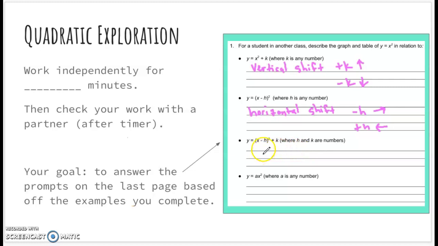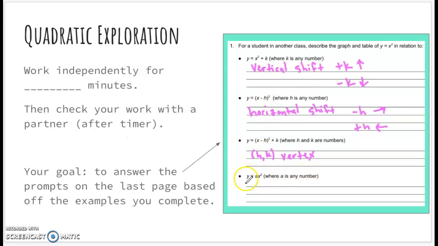What I really hope you noticed is that h and k represented the vertex of your parabola, the highest or lowest point. This form is combining the two previous shifts into one equation.